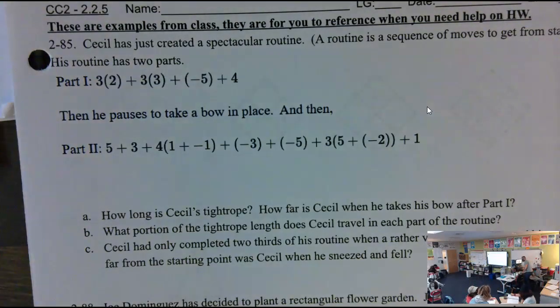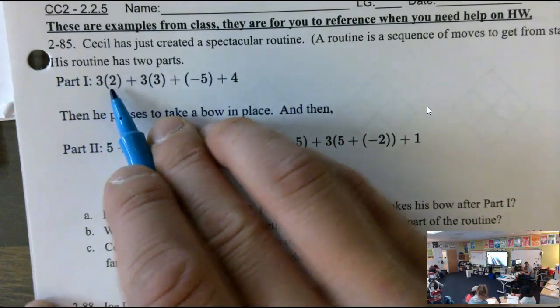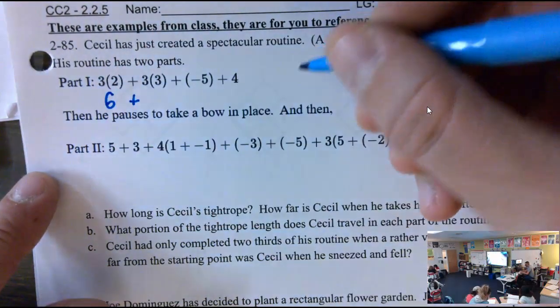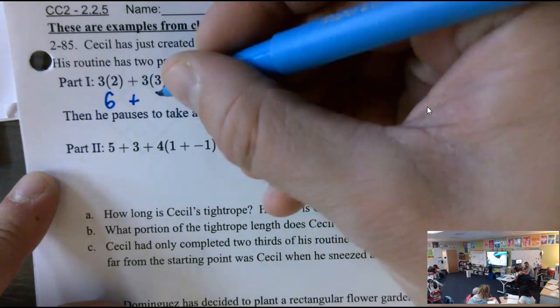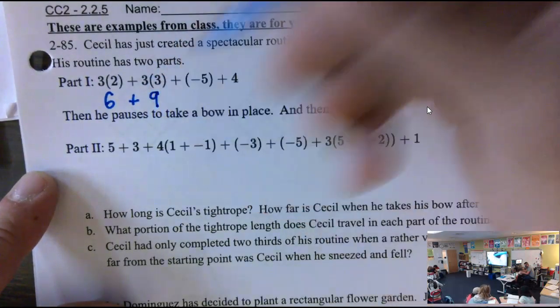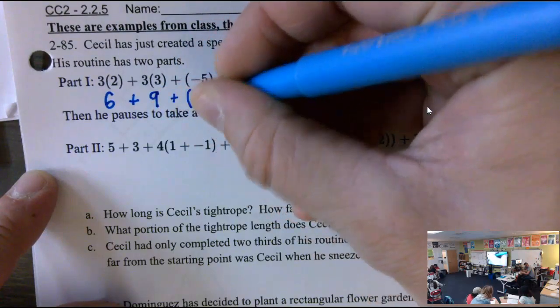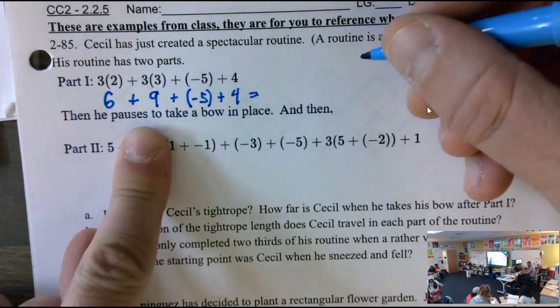My directions maybe weren't awesome. Here's the sort of work I'm looking to see. What is 3 times 2? 6. So put that there. What is 3 times 3? 9. So put that there. Now add all these numbers up.